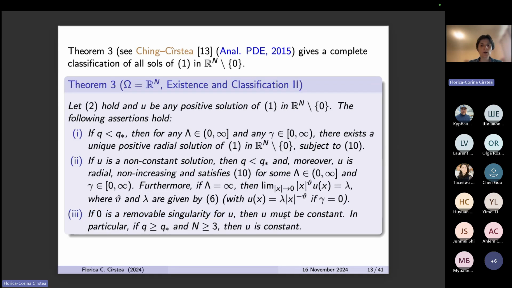So in particular, if q is greater than or equal to the critical exponent, and n is greater than or equal to 3, because q star, remember, is infinity if n is 2, then u is constant. So this is a Liouville type result, the last one, that corresponds to solutions with the removable singularity, and q greater than or equal to q star.